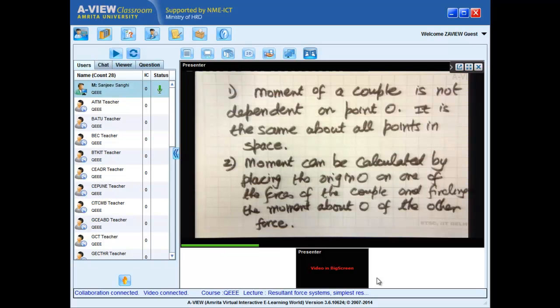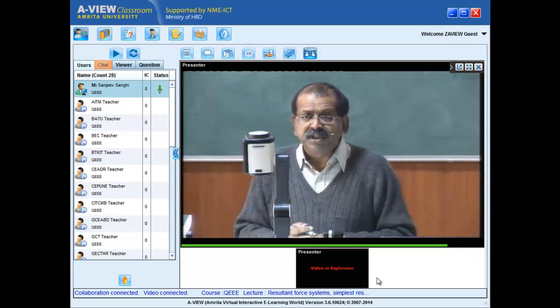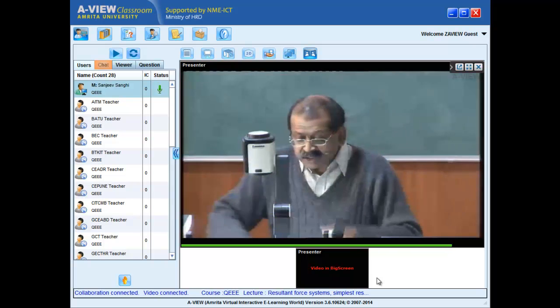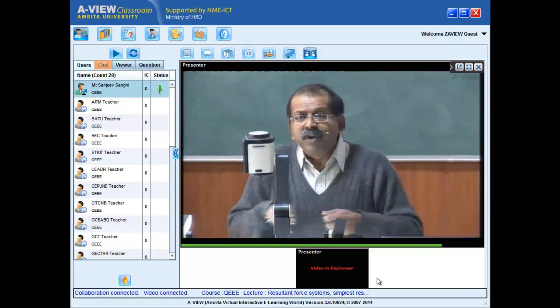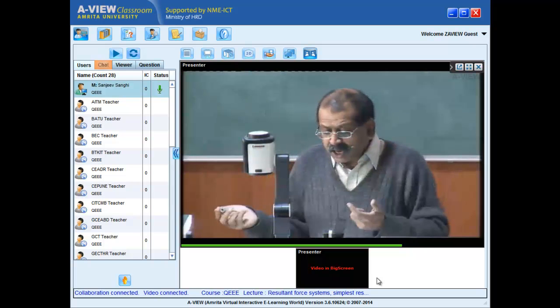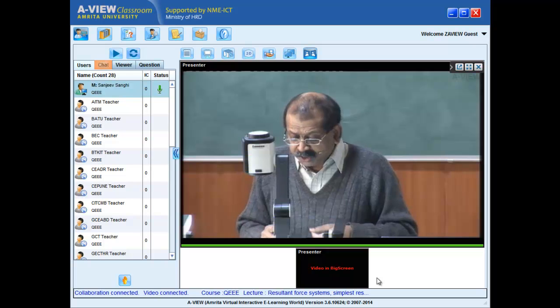So what we have shown here is that a couple will produce the same moment about any point in space, and that is why we said that on a rigid body it only has a turning effect, and that turning effect does not depend on which point the couple is acting. As long as the couple has the same moment, it will have the same turning effect on a rigid body.